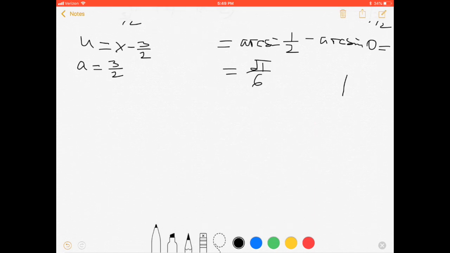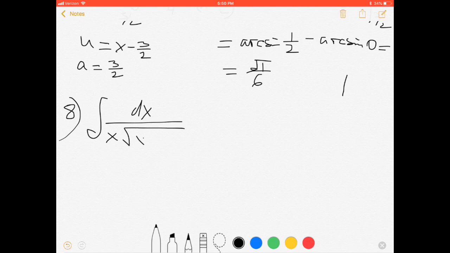Okay. Now I spend more time solving some problems similar to your homework. For example, number 8 from your textbook, it will be the integral of dx over x root x to the fourth minus 4.